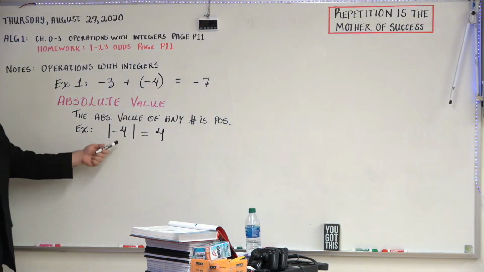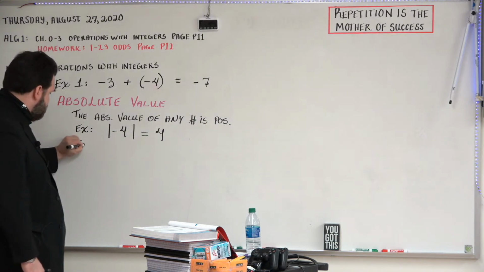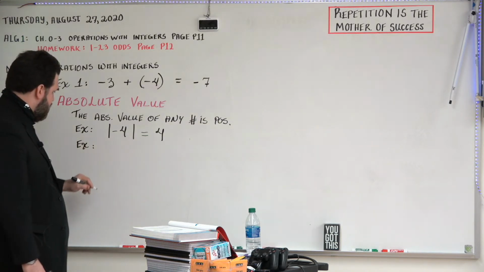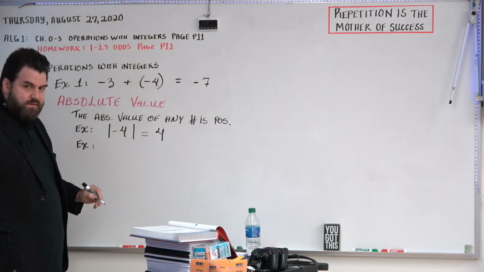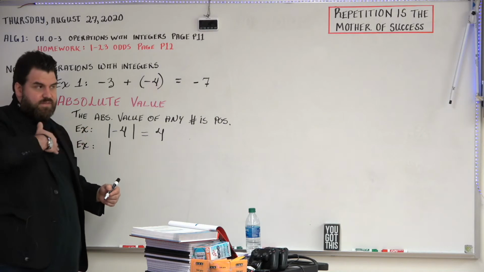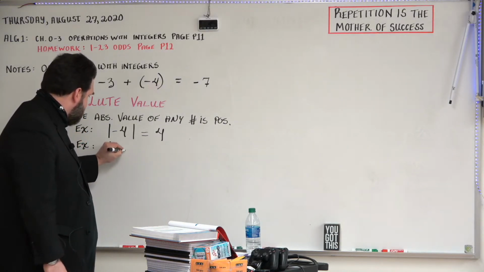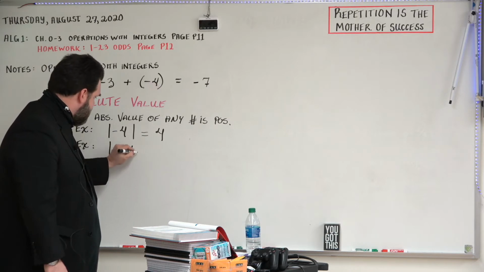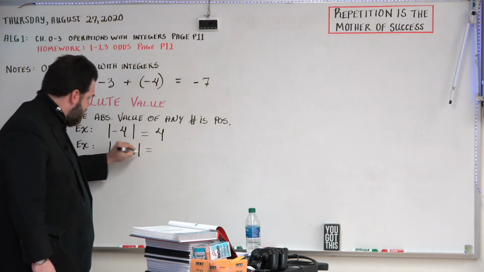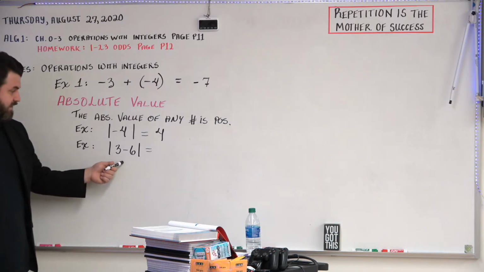And let's do another example. The absolute value of, and we're going to put in here something like this: 3 minus 6. Here's what you do with this. First, you do the thing inside.